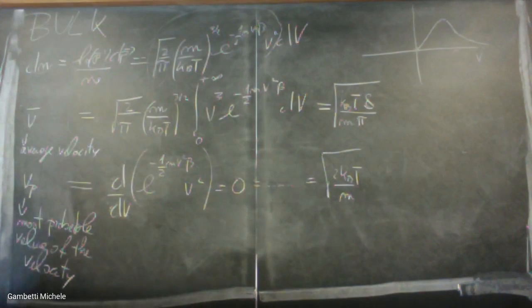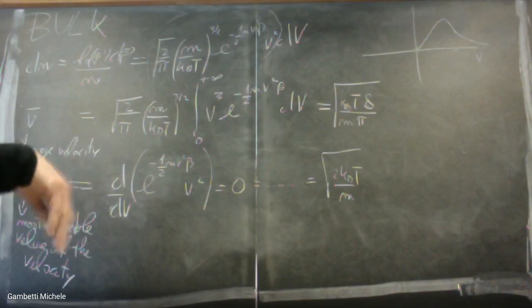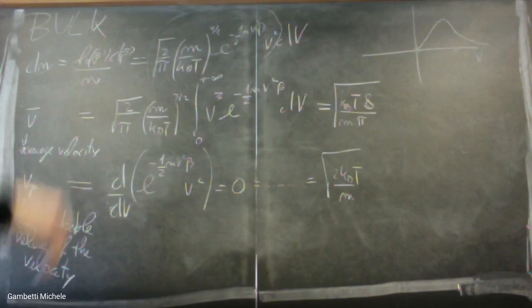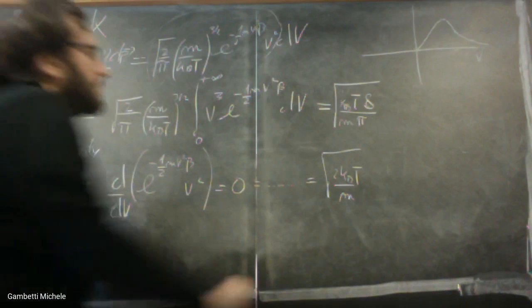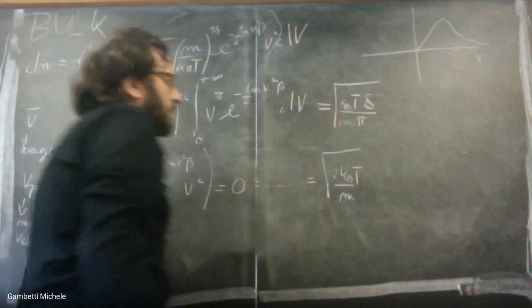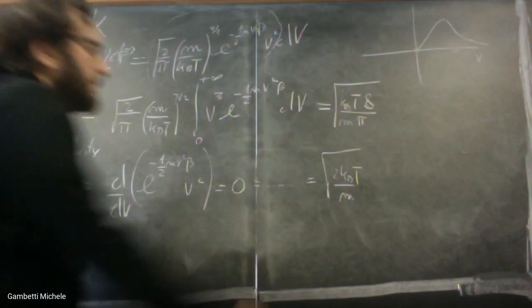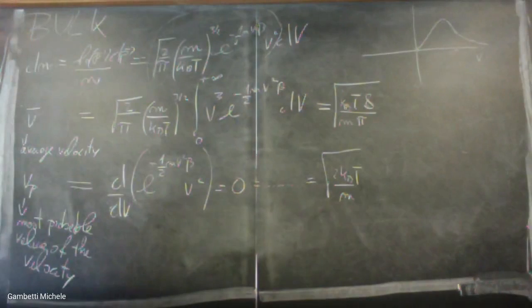Okay. So now all these quantities are defined for the bulk. What I mean with bulk is if I sit, let's say, somewhere inside the box. So this is the distribution function, this is the average velocity, and this is the most probable value of the velocity.